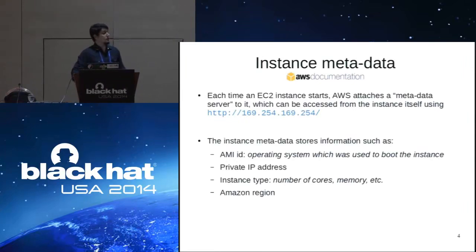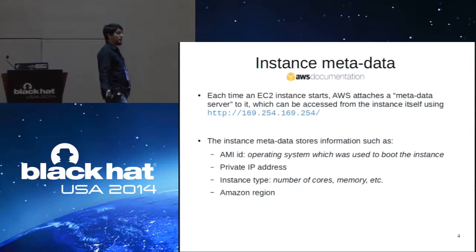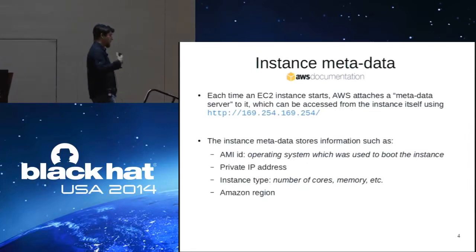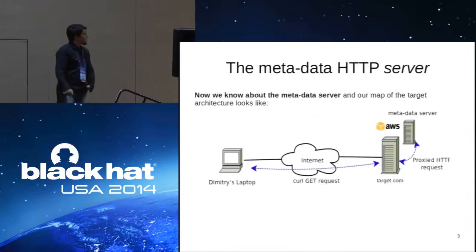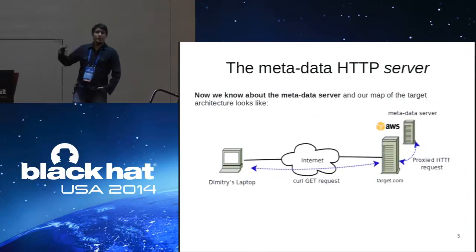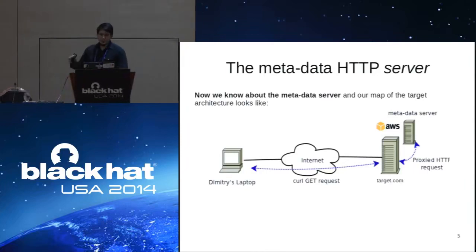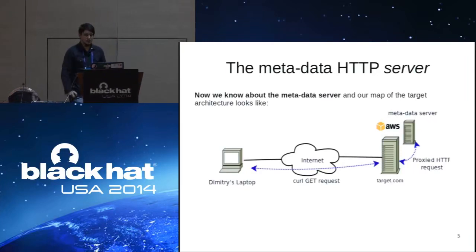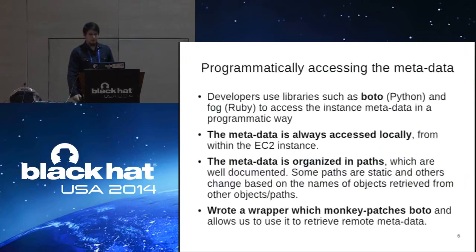Something else that's stored in the metadata is a private IP address, the instance type, how many cores, memory, and stuff like that, and where it lives, in which region, in which data center from Amazon that instance lives. So this is how it looked from an attacker perspective for me at that point. I was able to forward HTTP traffic to that metadata server and access information from there. All right.